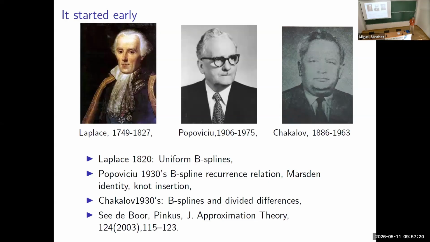They did the recurrence relation, which was later discovered in 1972, and the Marsden identity, knot insertion. They did it all, but it stayed in Bulgaria and Romania. It was not known in the international community. But there's a very nice article written by Carl de Boor and Pinkus which explains the history of B-splines, if one is interested in history.